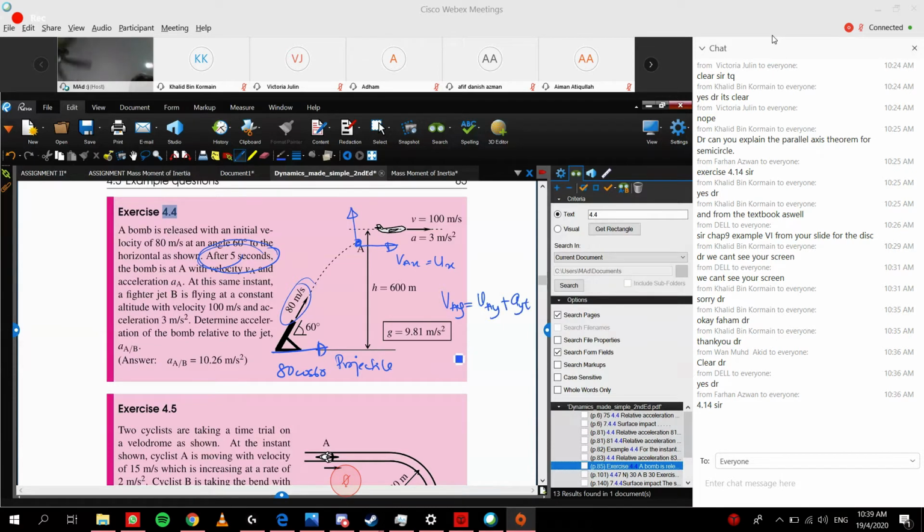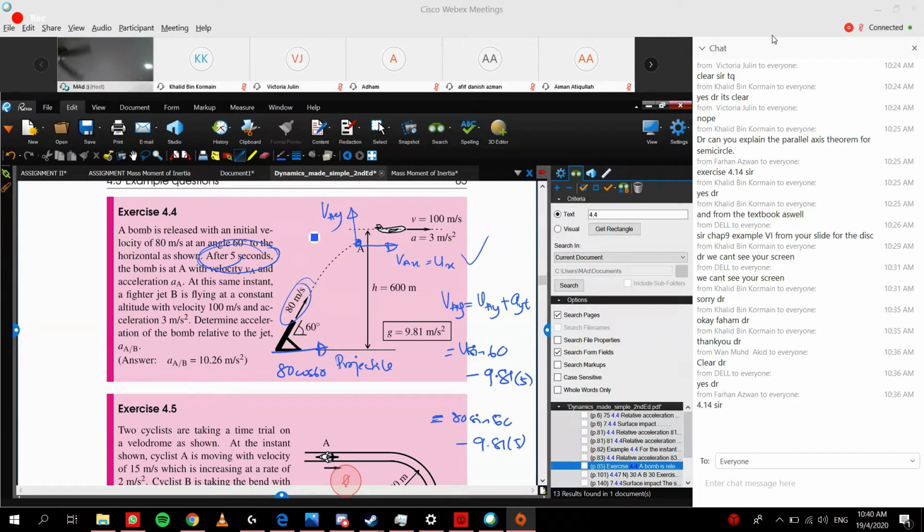So your V_AY should be U sine 60 minus 9.81 times t. Your t is 5 seconds. Your U sine 60 is basically 80 sine 60. So 80 sine 60 minus 9.81 times 5. This is your V_AY. You get your V_AX, you get your V_AY.